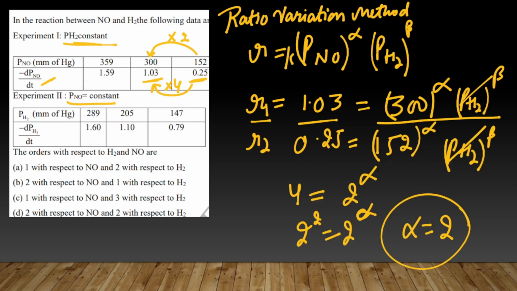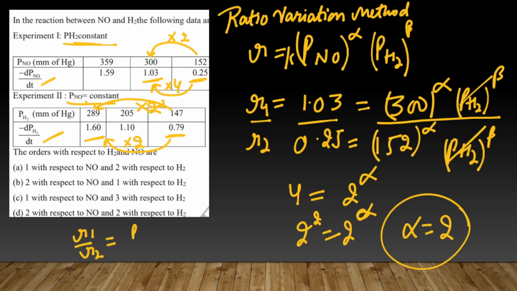Now similarly you can find it for hydrogen. How is that varying? For this, the other experiment was carried out where the pressure of the NO was kept constant. If you take this data and this data, the rate becomes approximately 2 times, and the pressure is also approximately 2 times. So here the rate 1 and rate 2 we can write like this.